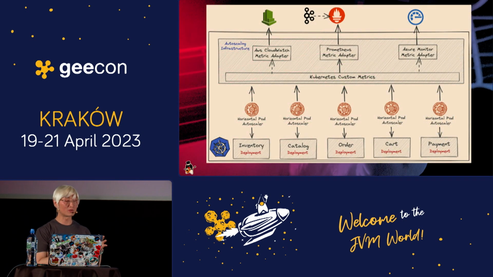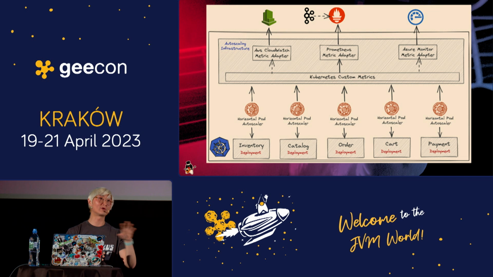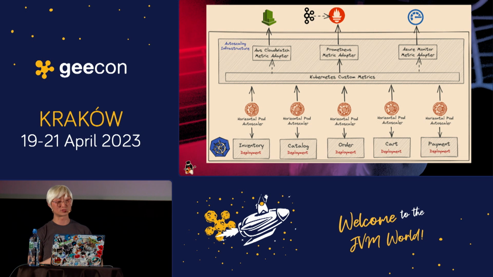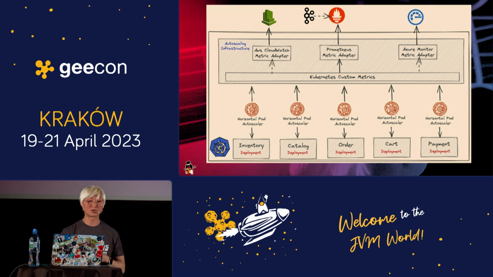Here is maybe the easiest way, since you already have some experience with Kubernetes. Kubernetes allows you to have custom metrics. For example, you can create the Amazon CloudWatch metric adapter, a Prometheus metric adapter, or an Azure Monitor metric adapter.